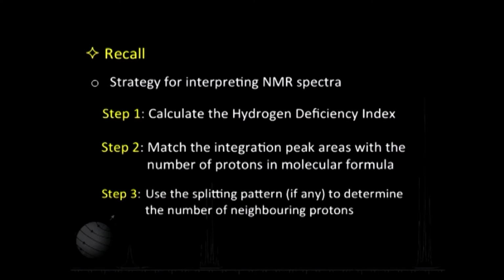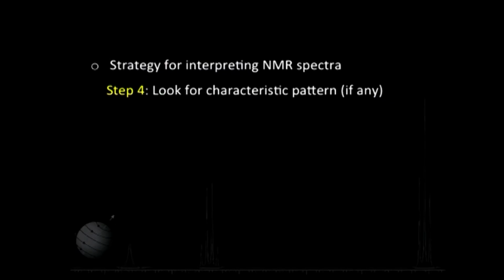Then in the next step we take care of the splitting patterns. We try to locate the splitting patterns of different signals, which are indicative of the number of neighboring protons. That is step number 3. Then the next step is to look for characteristic patterns, if there are any. For an ethyl group we know that you will get 2 signals, 1 quartet and 1 triplet.